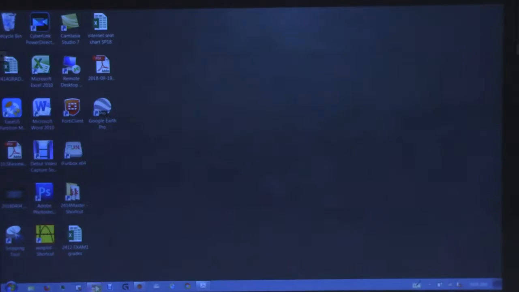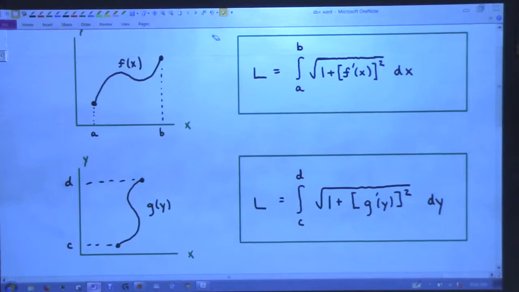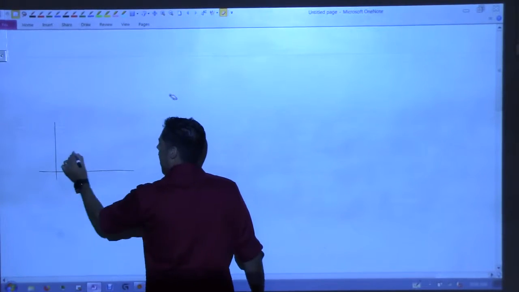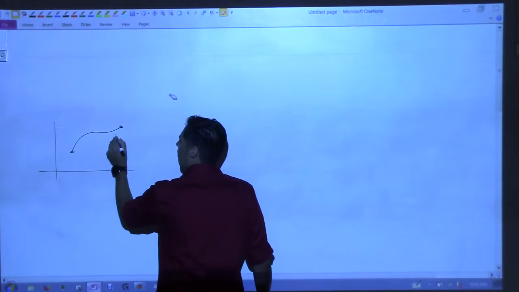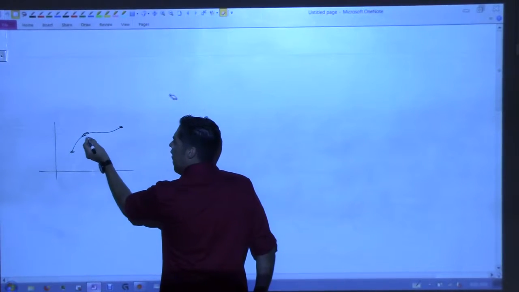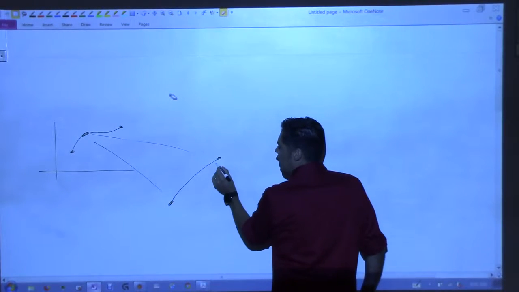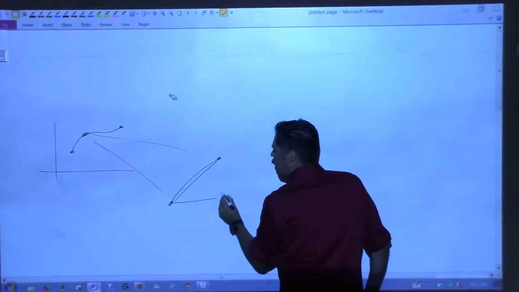So I want to remind you that last time, when we came up with that arc length formula, we took a function. We said, okay, we want to find the length of that little piece, so we zoomed in on it. Does this look familiar? Then we drew a right triangle in here.